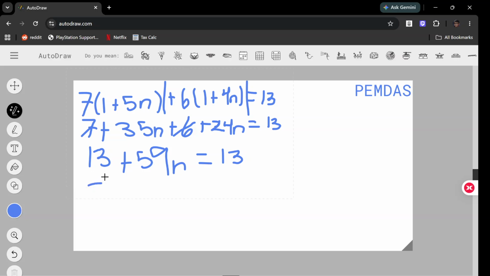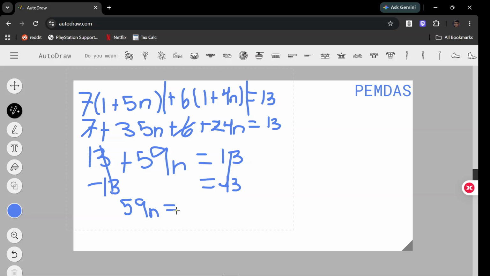We subtract 13 from both sides. These cancel out. And then we get 59n equals 0. Now you might think it's a no solution problem, and you'd be wrong.